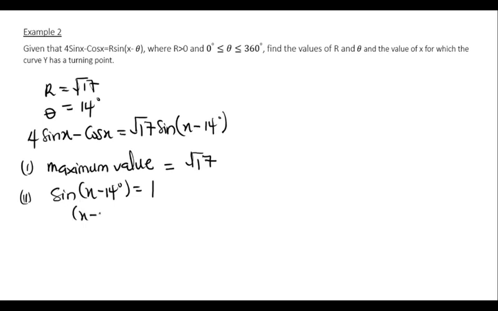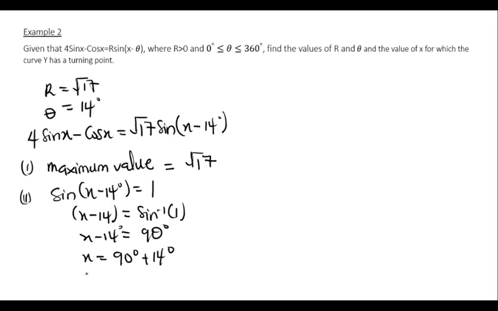Alright, so we have over here x minus 14 is equal to sine inverse of positive 1. So sine inverse of positive 1 is 90 degrees. So we have x is equal to 90 degrees plus 14 degrees, and this is equal to 104 degrees.